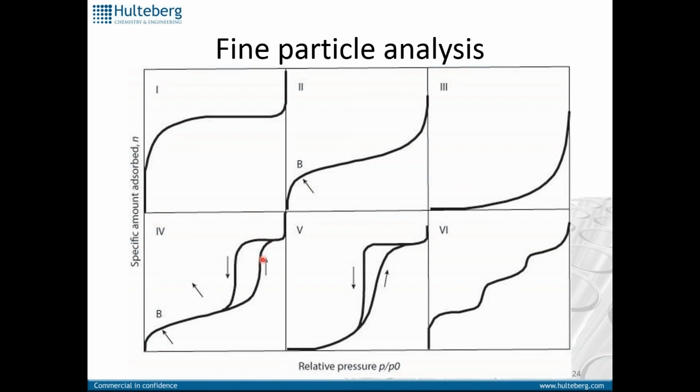Type 6 here is for non-porous solids with almost uniform surfaces, which is really rare. Type 3 and type 5 have higher affinity between the gas probe molecules than between the probe molecules and the material, and that makes them useless to us in this context. So that means that 1, 2, and 4 are the ones that we normally consider in these types of measurements. And that's basically what's on this slide.